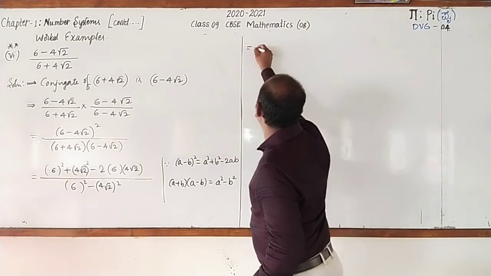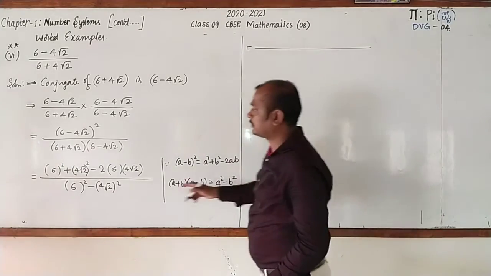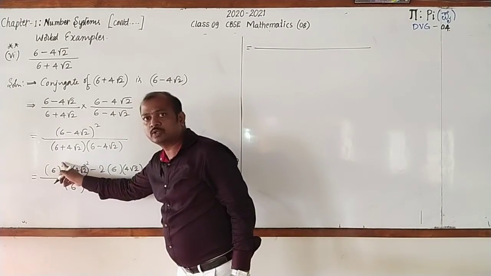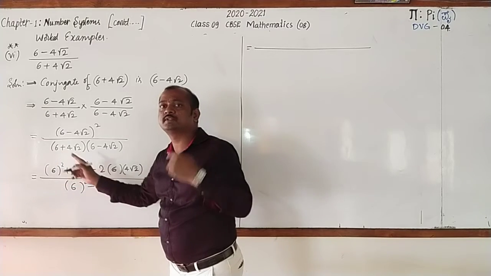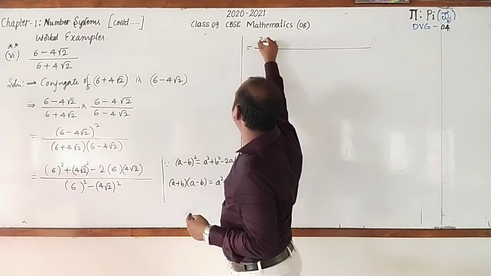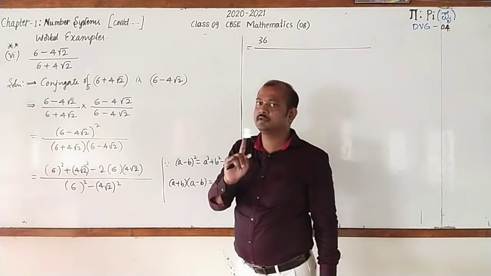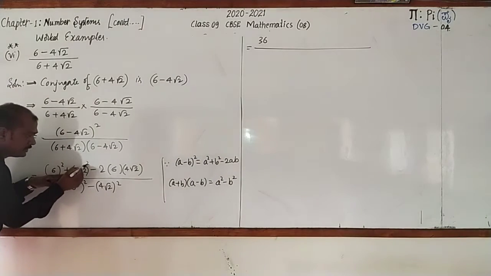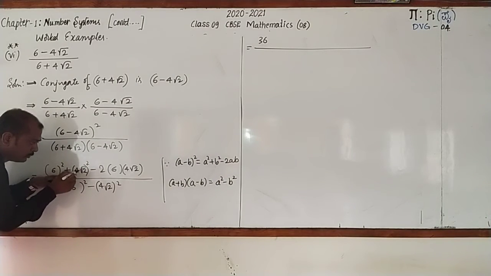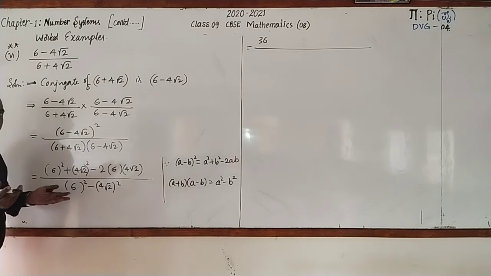This is equal to, it has been continued here. Now 6 whole square is there. What is 6 whole square? 6 square. What is the value of 6 square? It is 36. 6 square means 6 6s are 36. Understood? Next, here, apply this square to both 4 square and root 2 whole square. Shall we write directly?